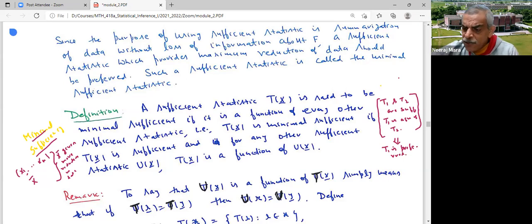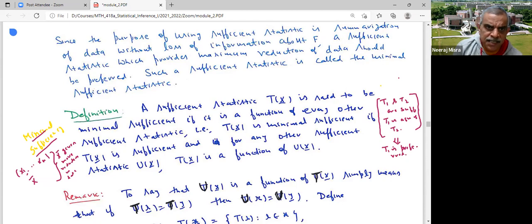That means you should search for a sufficient statistic which is a function of any other sufficient statistic. That would be the most preferable sufficient statistic because it is a function of any other sufficient statistic. So it gives you the maximum reduction in the data among all sufficient statistics. Now we call such a statistic minimal sufficient.